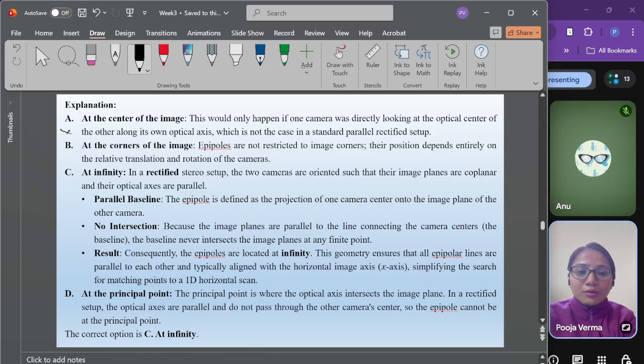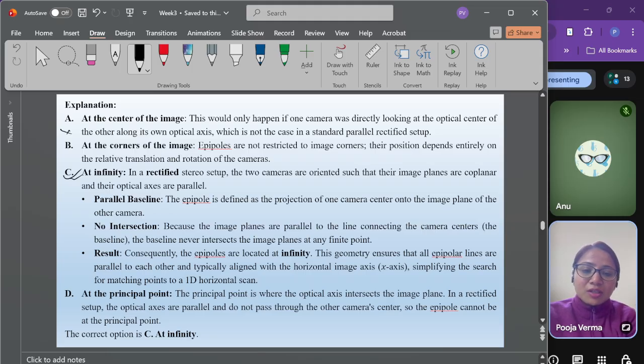Okay. So this geometry ensures that all epipolar lines are parallel to each other and typically align with the horizontal image axis, the x-axis, and simplify the search for matching points to a 1D horizontal scan. This one is the correct option for this question. The last one we will see is the principal point.